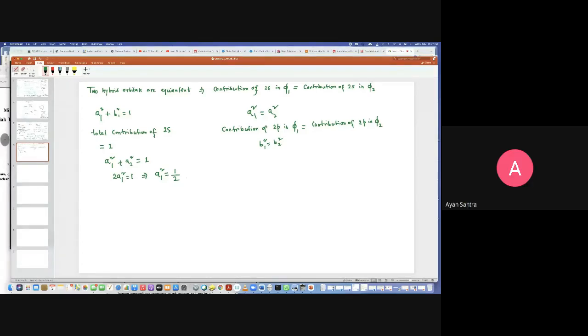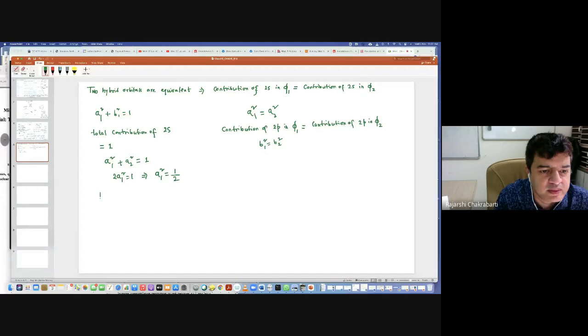Similarly, the total contribution of 2p, that is b1 square plus b2 square, is equal to 1, which means b1 square is equal to 1 by 2.